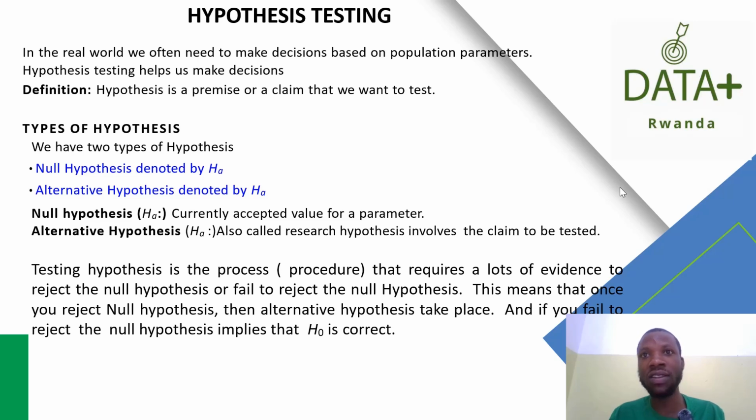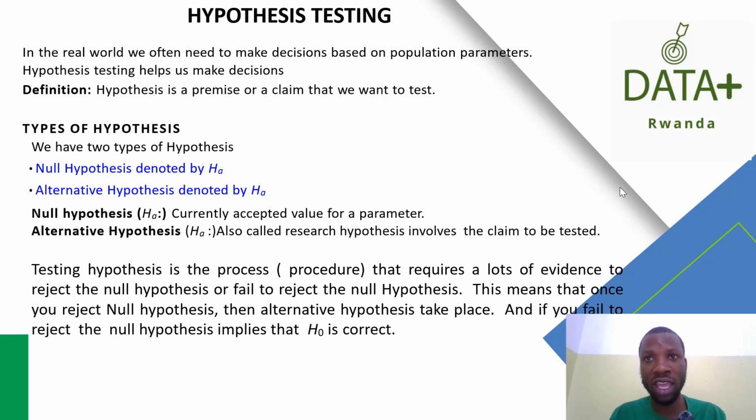So those are the starting hypotheses. You can say that there is no relationship between the salary of a female and male, for example, they are equal. There is no difference between the salary of men and women in Rwanda. So that is the null hypothesis we're going to start from.